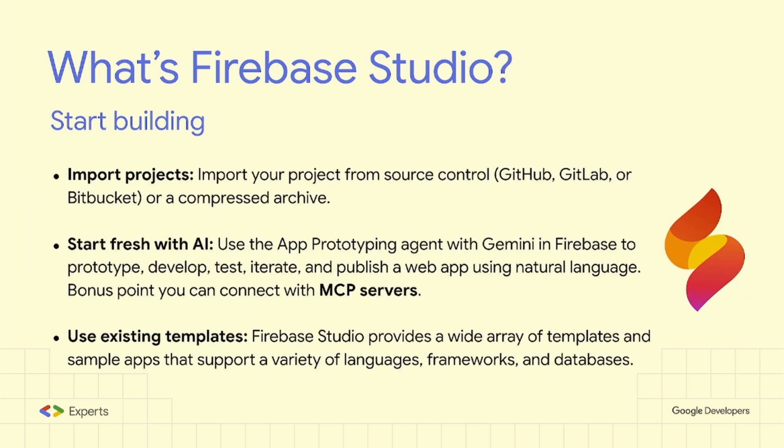So when you want to start building, you'll have the choice. I was saying you can import your own project from a source control, like GitHub, GitLab, or so on. Or if you have the project on your machine, you can import the compressed archive and start building in Firebase Studio.